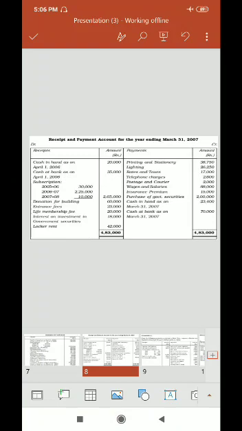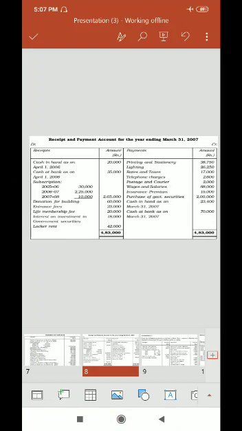Entrance fees, income, 23,000 on the debit side. Life membership fees, 20,000 on the debit side. Interest on investment in government securities, 18,000 you have received. As well as last item is to locker rent, that is 42,000.